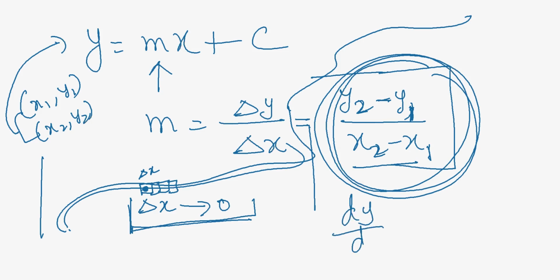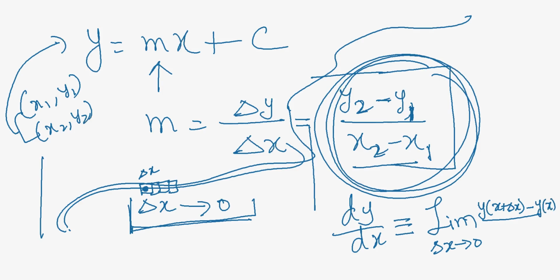That is what we are calling the derivative. So dy by dx, we define simply as the limit as delta x tends to 0 of the difference in the function, that is y of x plus delta x minus y of x, divided by the corresponding x plus delta x minus x.